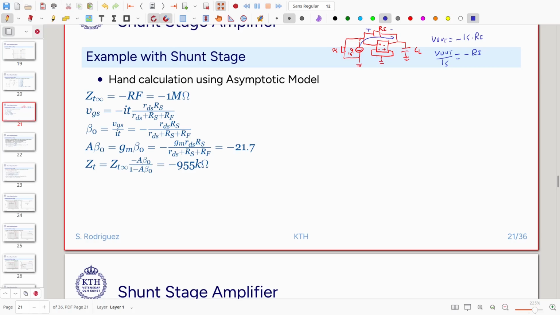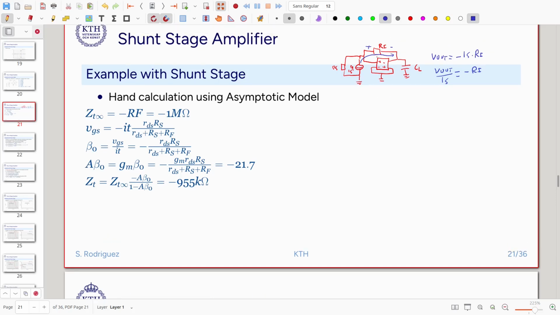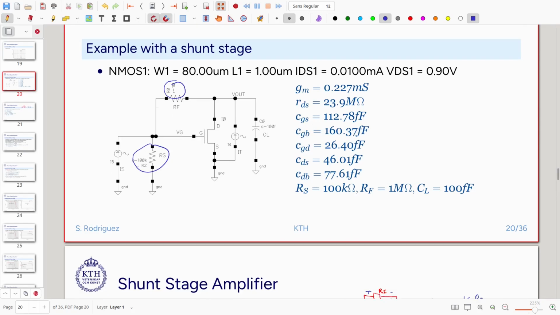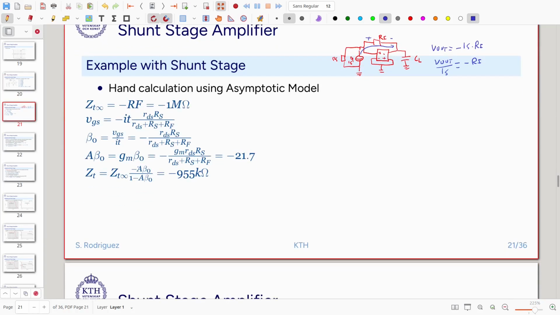In this particular case, as we saw before, this is 1 mega ohm. So we have a 1 mega ohm impedance, and the source is 100 kilo. Our asymptotic gain, assuming a null implementation, will provide 1 mega ohm transimpedance.